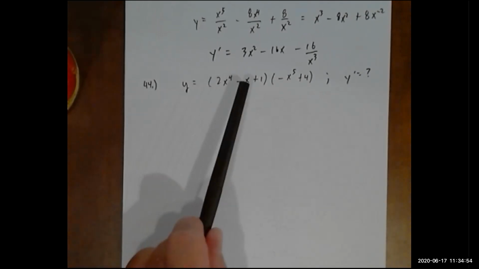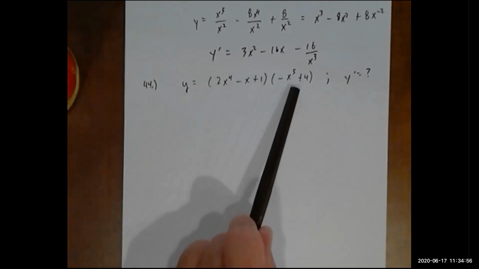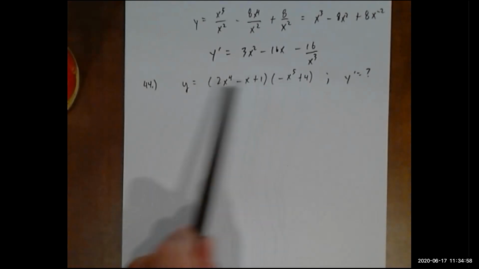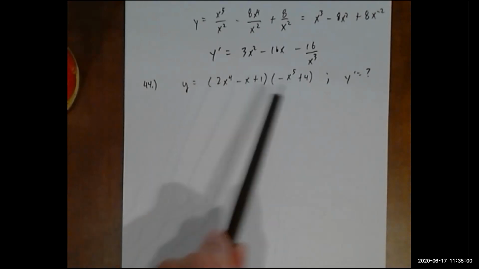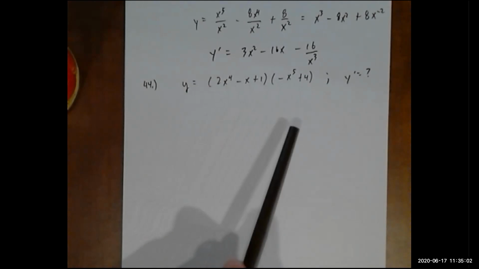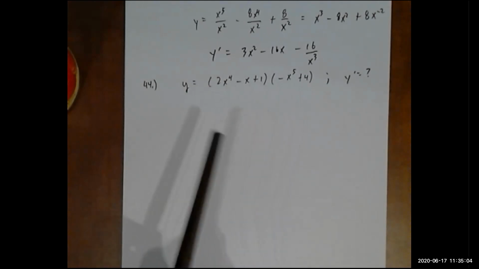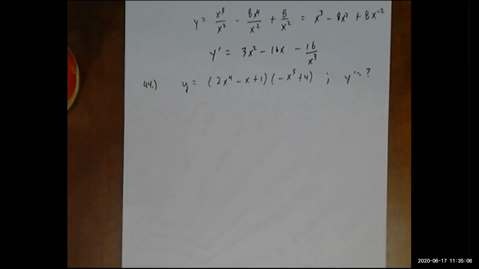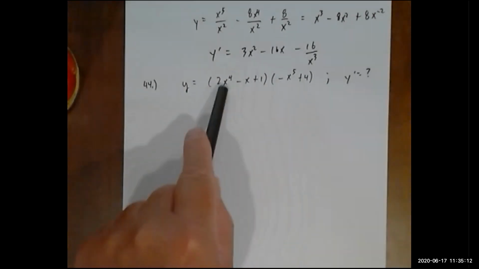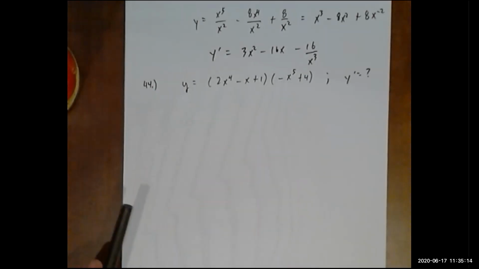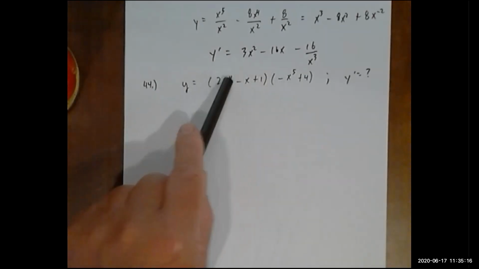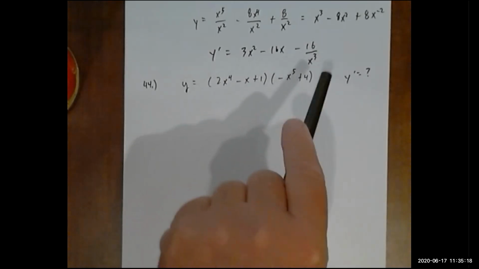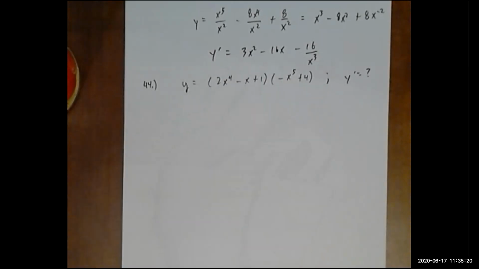One way is, you know what, if you multiplied out these parentheses, you'd have like, I don't know, maybe like 6 terms or 5 terms. And then each one of those, you could use the power rule. Or you could try and use the product rule, where you take the first times derivative of the second plus the second times derivative of the first.